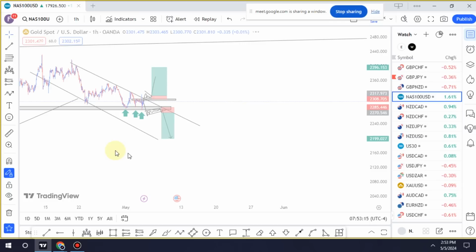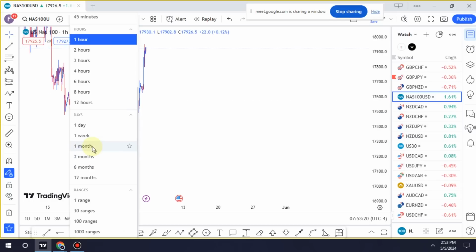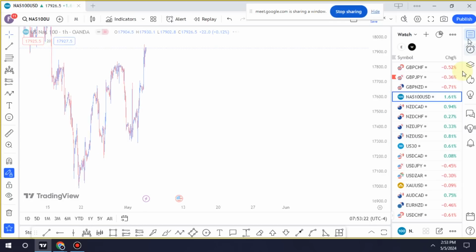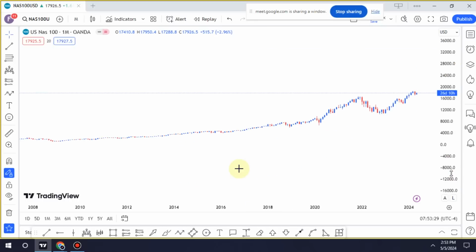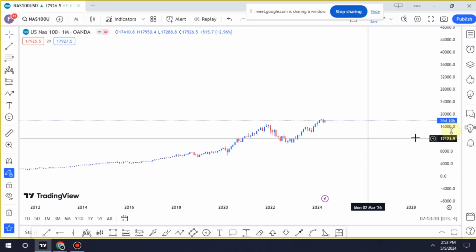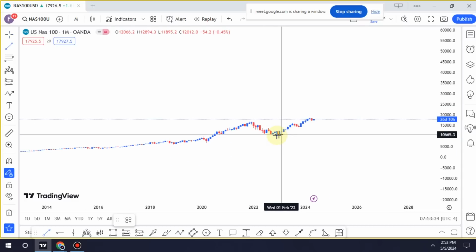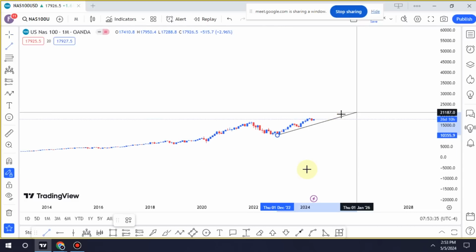Nas100, Nasdaq from 1 month. All right, so Nasdaq has been flying too, no problem. So we have a trend 1 2.